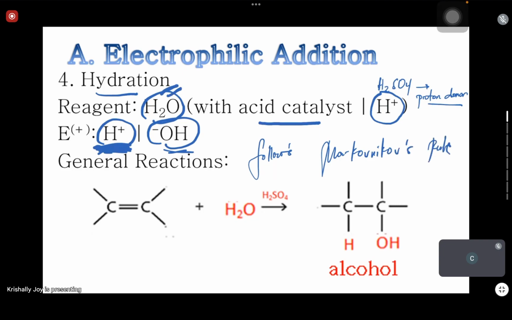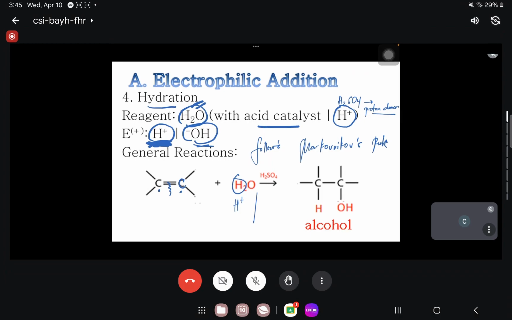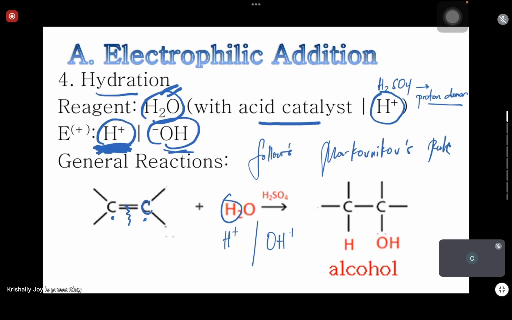Asa padulong ang hydrogen didto sa carbon nga mas marami yung hydrogen. So break the pi bond so each carbon will become reactive. Saan mapupunta yung H? Sa carbon na mas marami ang hydrogen. Saan mapupunta yung OH? Doon naman sa carbon with lesser hydrogen.